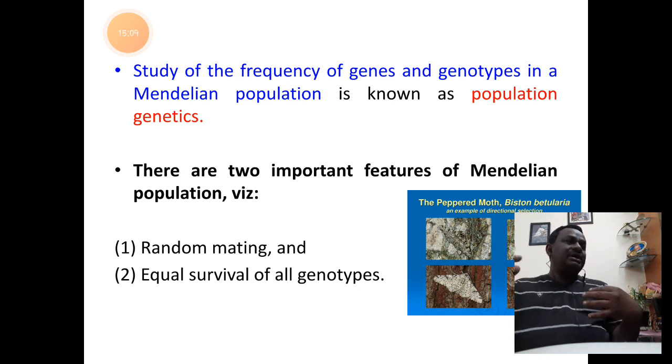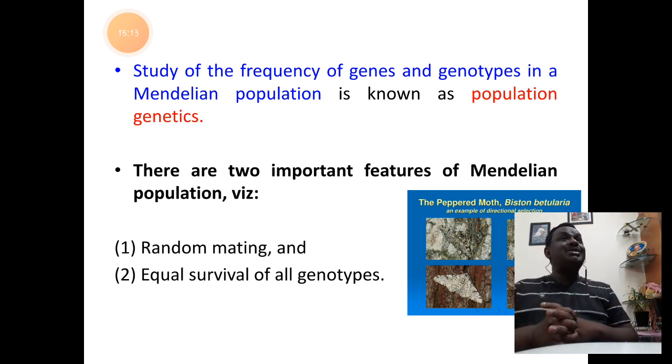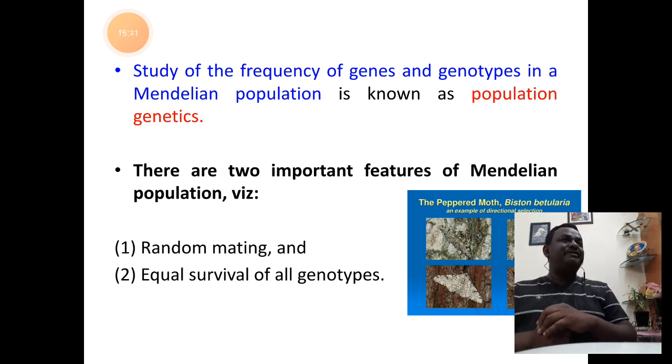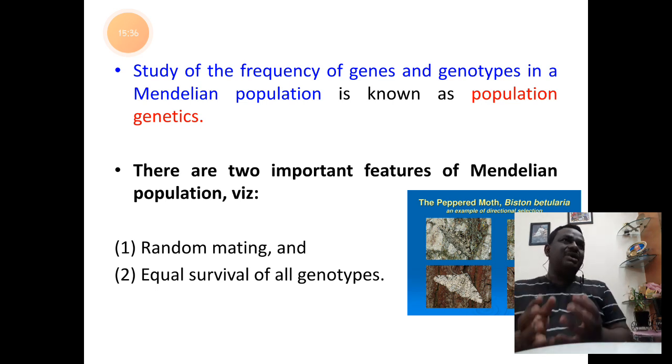Such inheritance we call genetic evolution. So the concept of genetic evolution relates to another important concept referred to as population genetics, which deals with the study of frequency of genes and genotypes in the given Mendelian population. How many times these genes and genotypes appear in the given genetic population is referred to as population genetics.